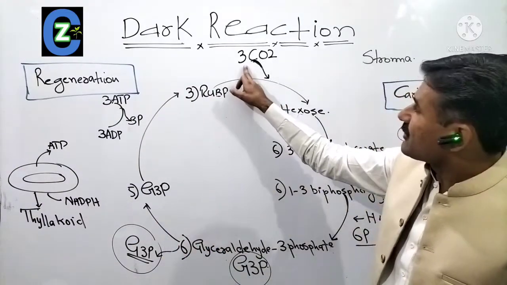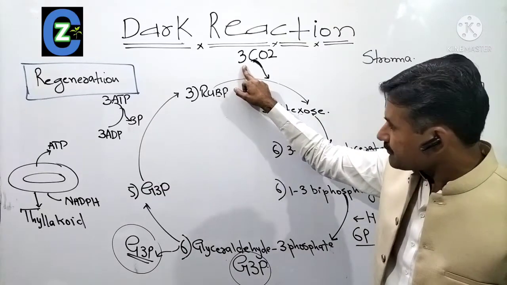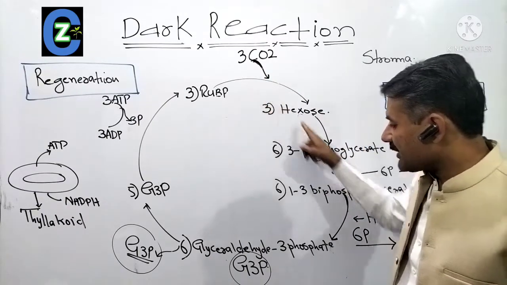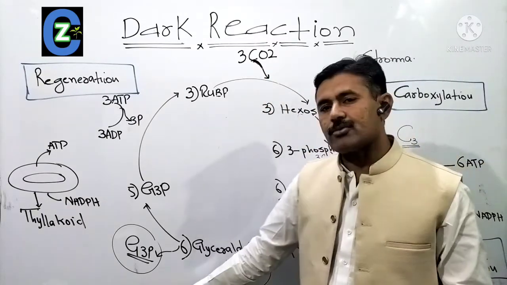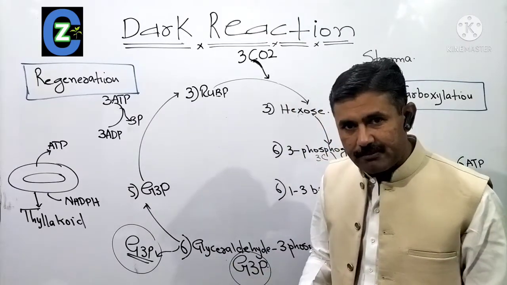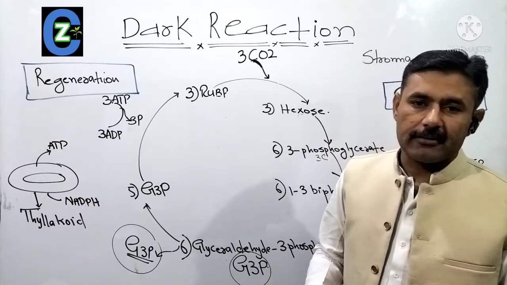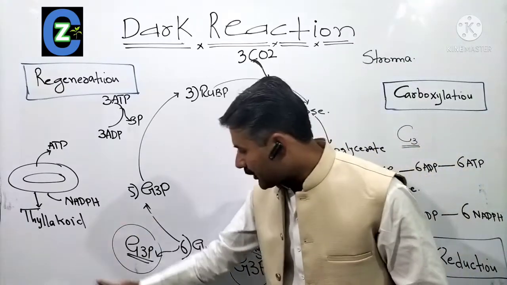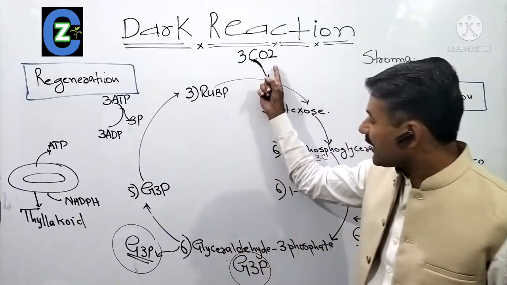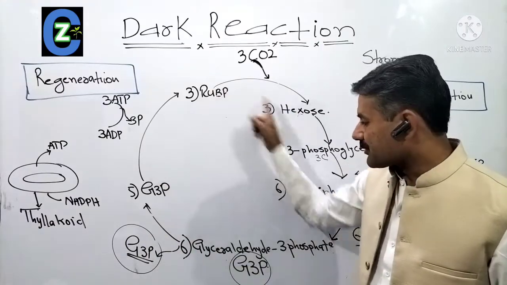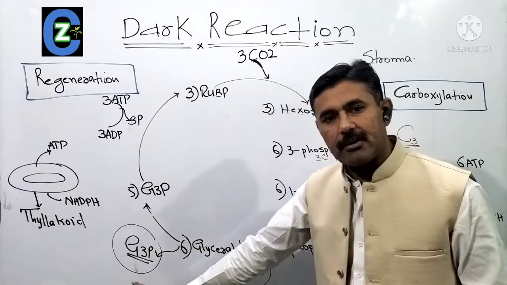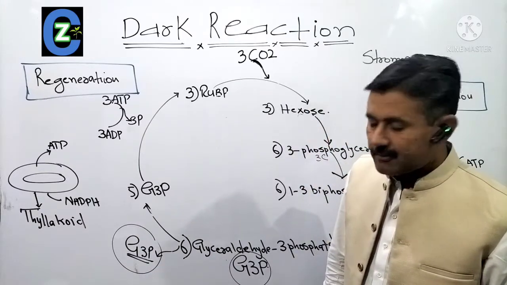Just understand that these 3 molecules of carbon dioxide that we have fixed during the carboxylation phase, by a series of processes we have converted into an organic form, and that organic molecule in the form of triose we are now releasing in the stroma, where it can be incorporated to help the synthesis of glucose. Therefore, we have converted carbon dioxide into an organic form by the process of dark reaction. And 1 Calvin cycle is producing 1 molecule of glycerolaldehyde 3-phosphate.